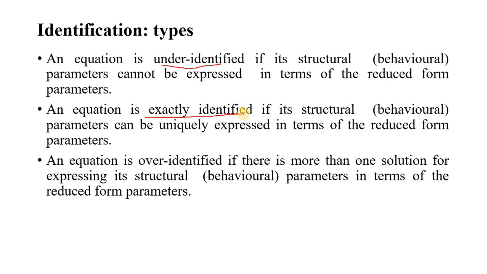If we have four parameters and three equations, we cannot solve it. An equation is over identified when there is more than one solution for expressing structural parameters in terms of the reduced form parameters. If we have five equations and four parameters, we will have more than one solution. That is the case of over identification.